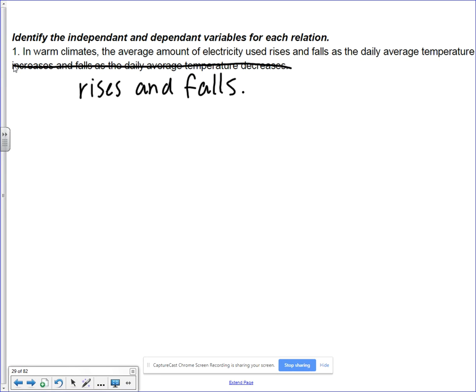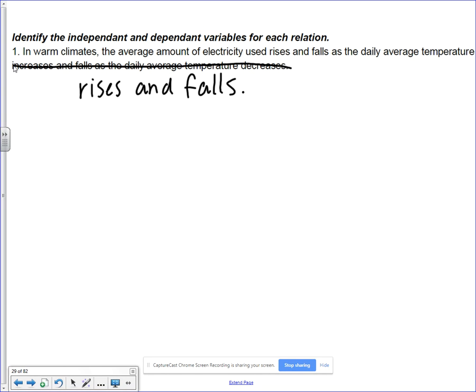Okay, let's apply it to this. In warm climates, the average amount of electricity used rises and falls as the daily average temperature rises and falls. So which part of that influences the other? Does the electricity influence the daily temperature, or does the daily temperature influence the electricity used? Temperature influences the electricity.